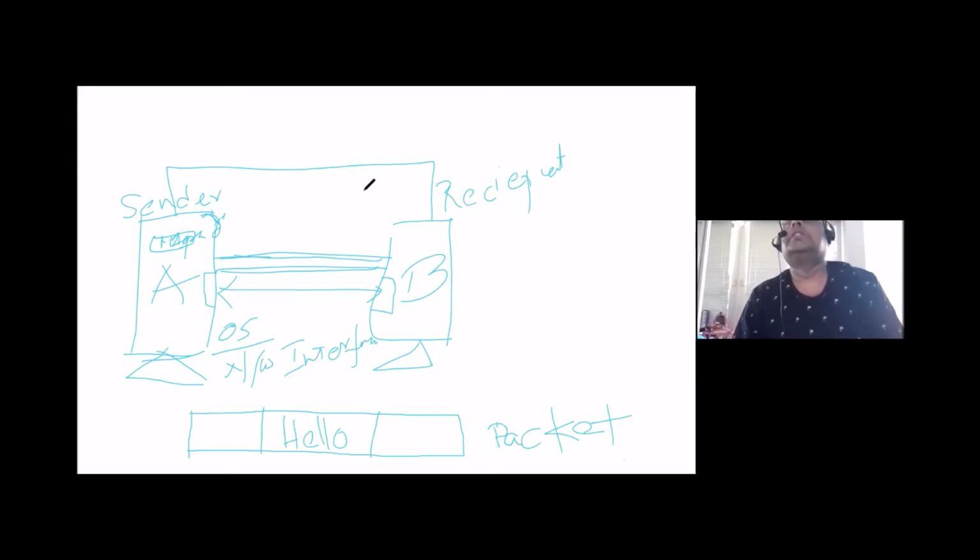Now on your computer, you open your browser and say HTTP www.google.com. Now assuming you've got a web server here, this is B and this is A. On A, you type in the browser HTTP.